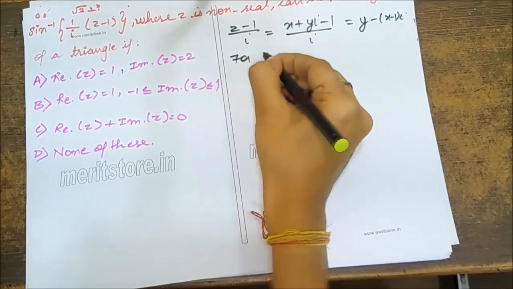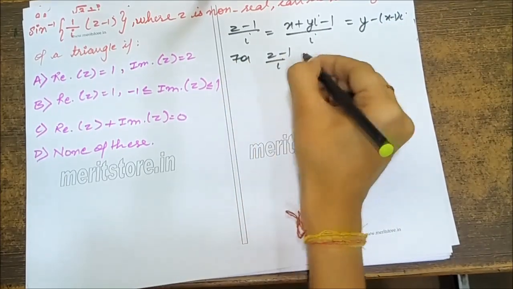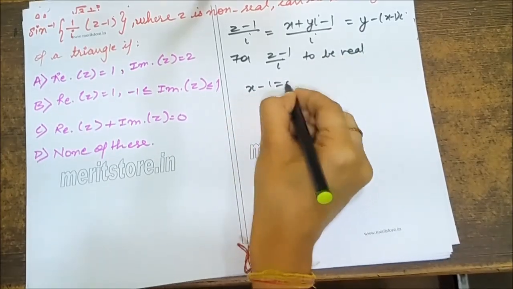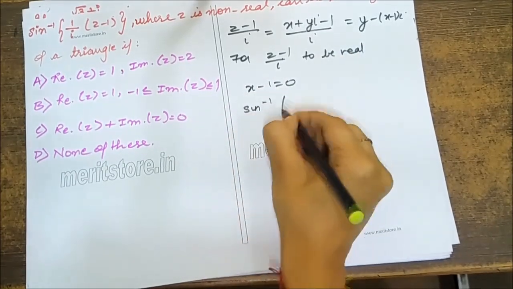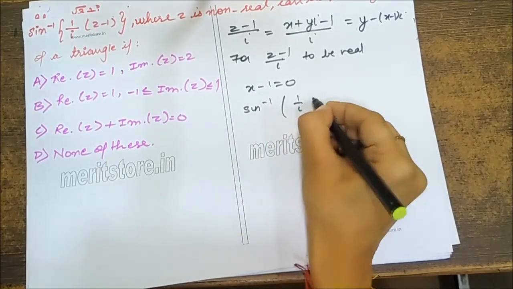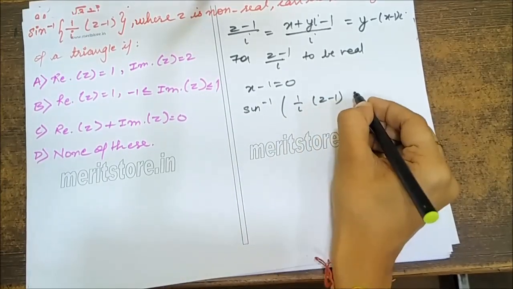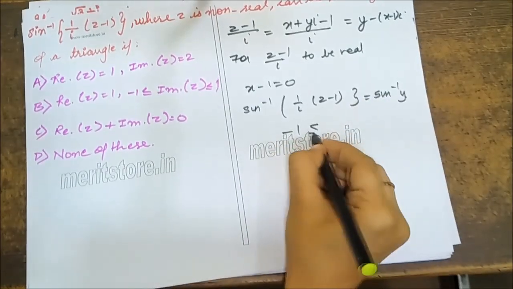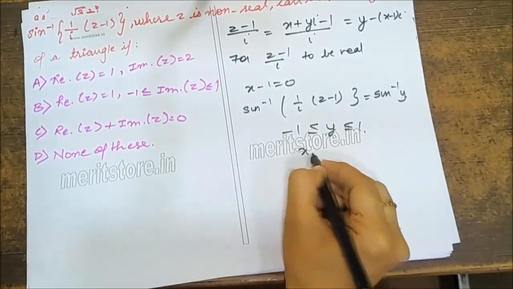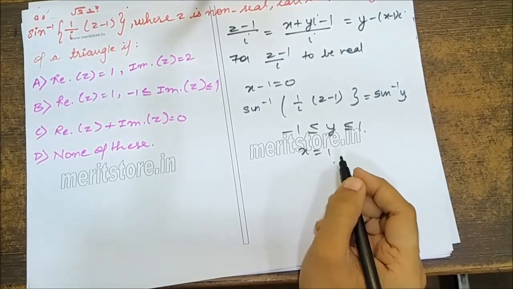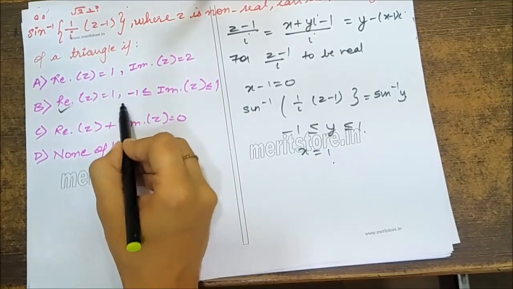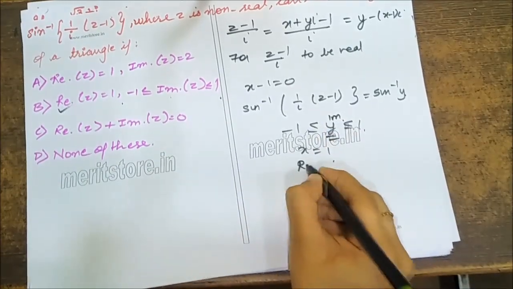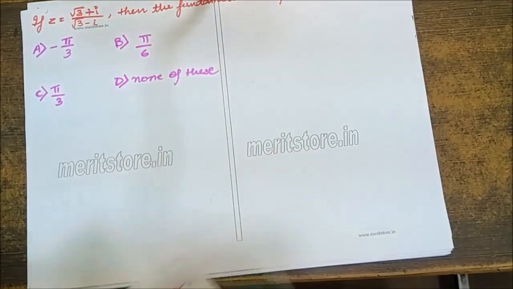So for it to be real, x minus 1 is equal to 0. So the real part is 1 and the imaginary part will lie between minus 1 and plus 1.